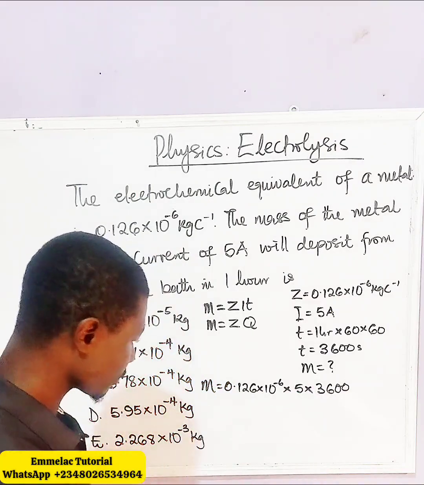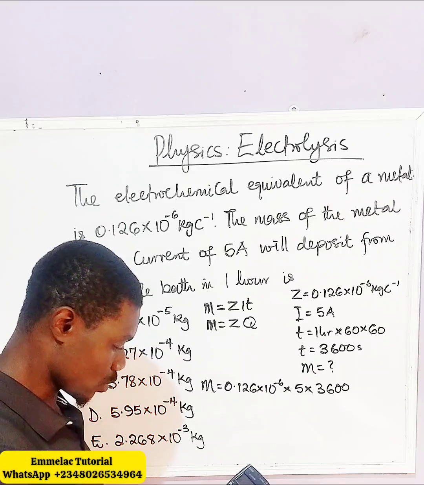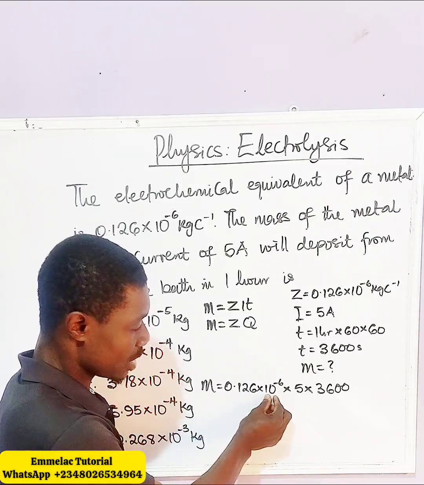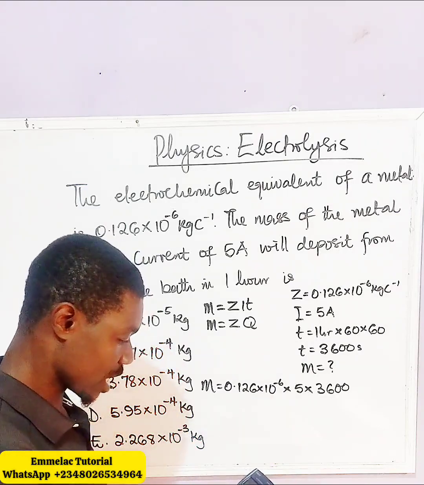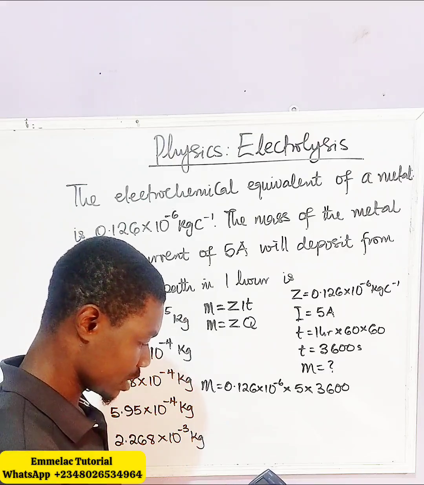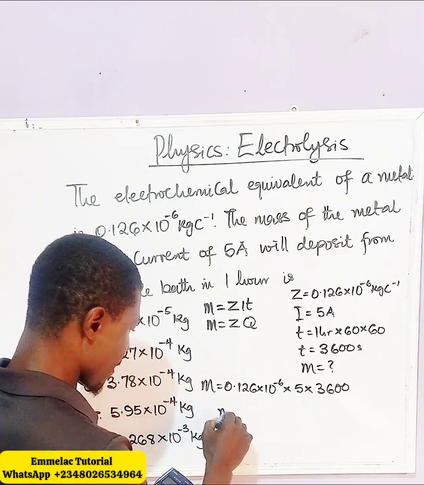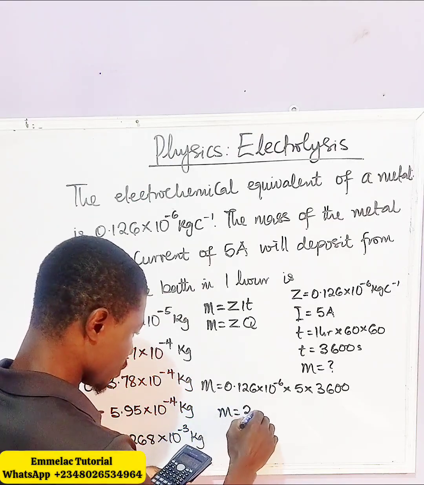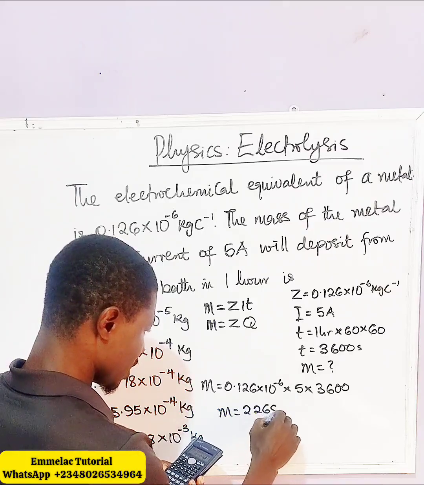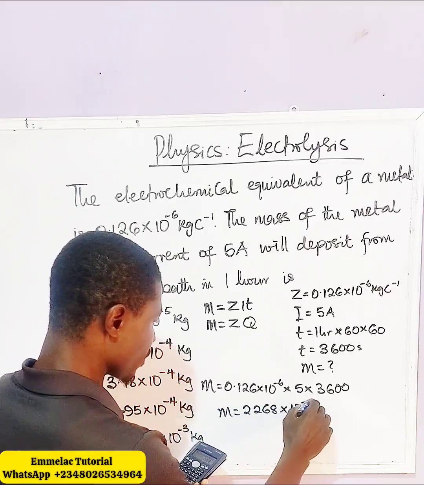So here, let me multiply 0.126, I'll leave this index first, then times 5 times 3,600. So this will give us that M equals 2,268 times 10 to the power of minus 6.